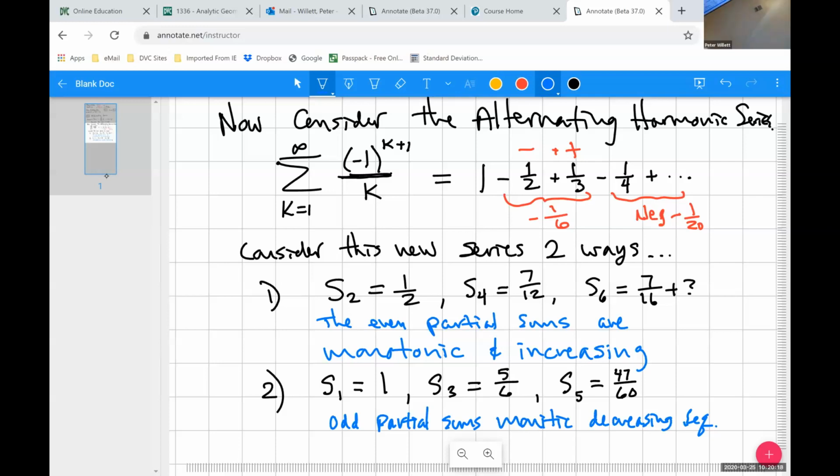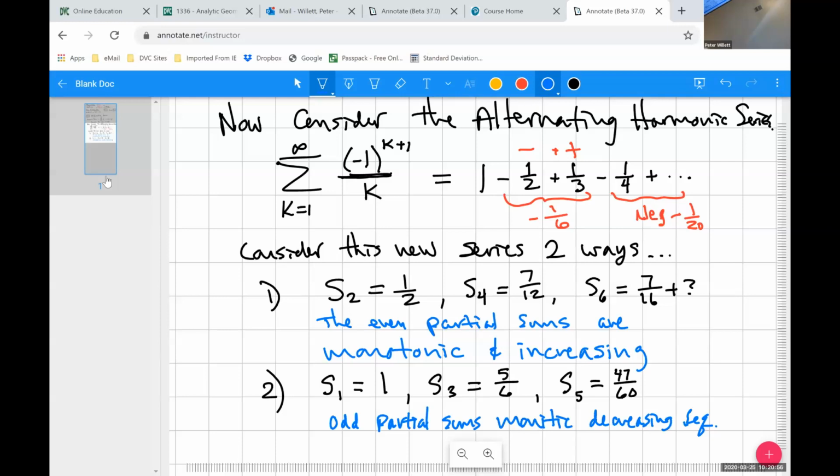So what we're seeing here is that if you look at these two ways of looking at the partial sums along the way, if you look at every even partial sum, you start with a half and you keep getting bigger and bigger. If you look at the partial sums that are odd numbers, 1, 3, 5, you start with a 1, but then you get smaller and smaller because you keep subtracting a little bit.